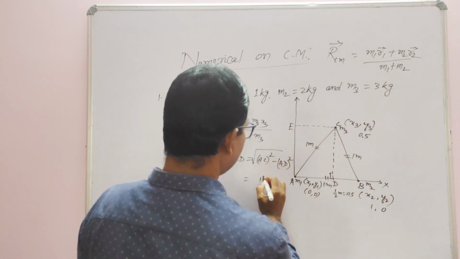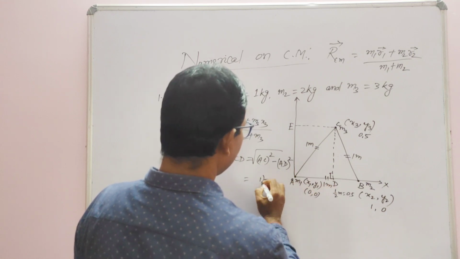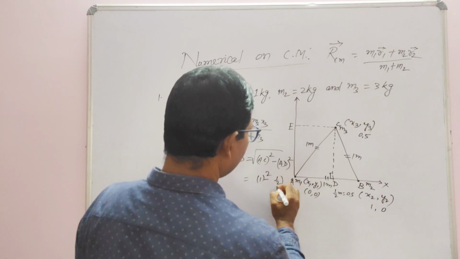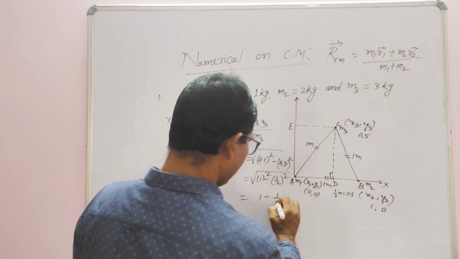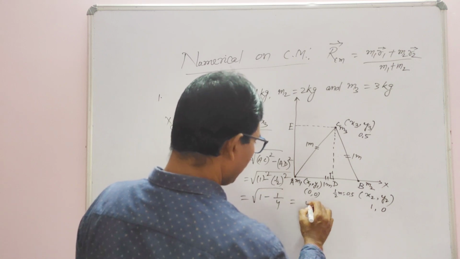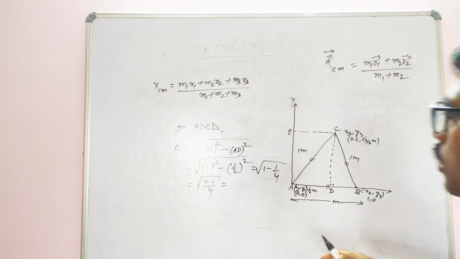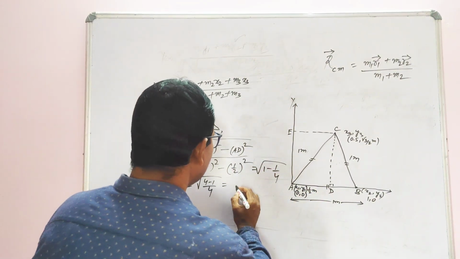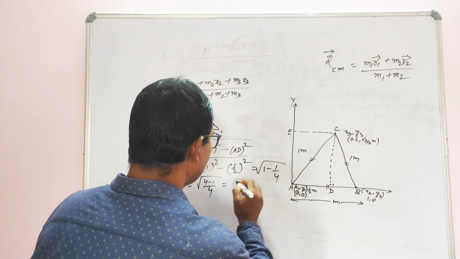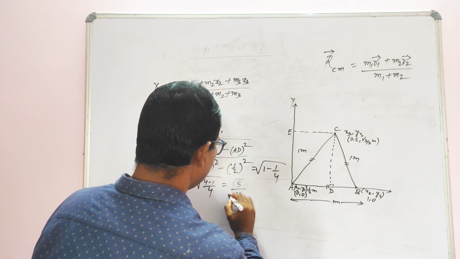So SC is how much? 1 square, that is 1. AD square, you put the value: 1 square minus (1 by 2) whole square. That means 1 minus 1 by 4, this is 4 minus 1 by 4, square root, that is root 3 by 4, square root.